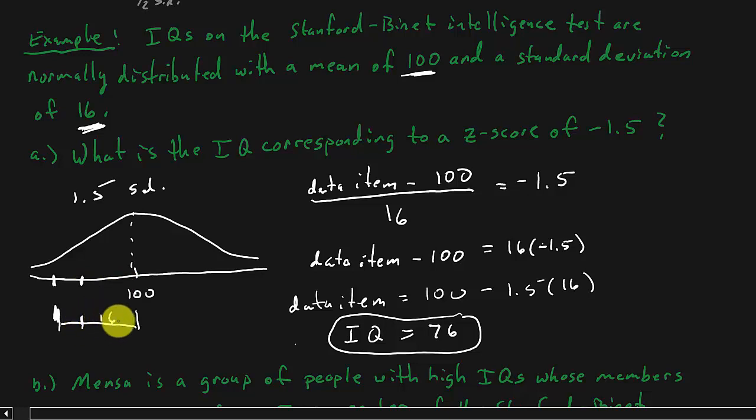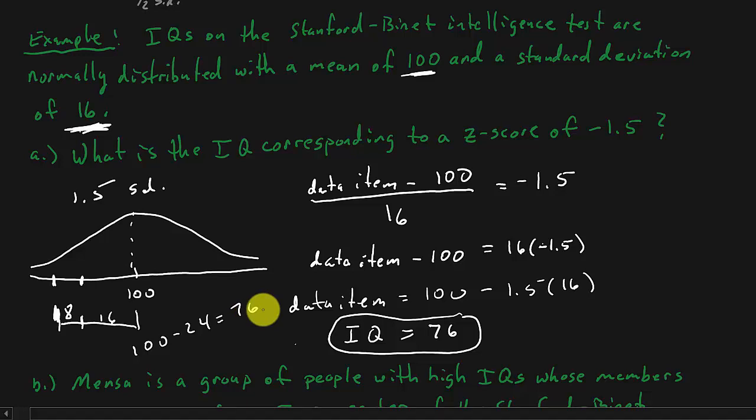That's 1 standard deviation. And then I have to go half a standard deviation, which is half of that, so I would be going 8 more. So basically that's 24. So you can see 100 minus 24 gives you the 76. That's all you're doing, okay?